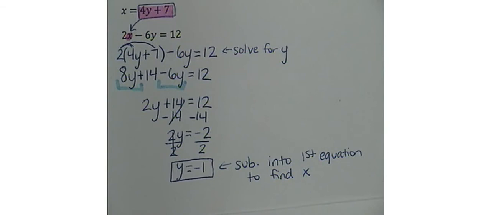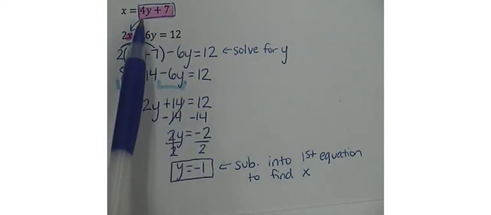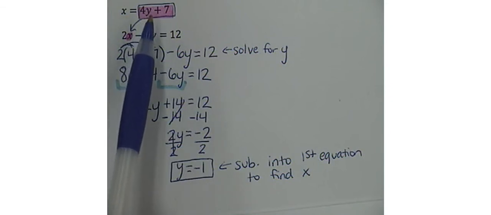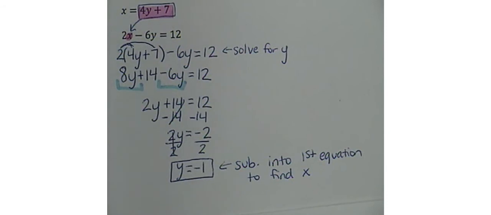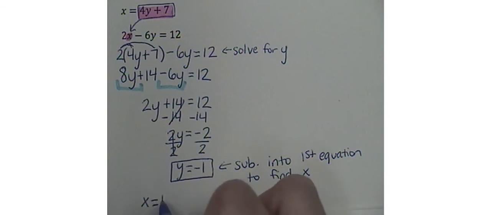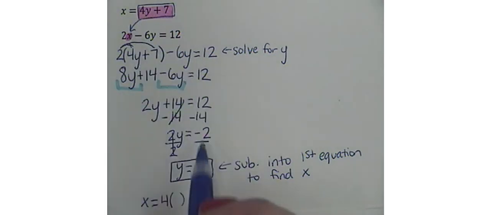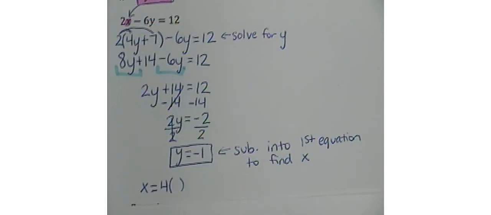So that means I'm going to take this negative 1 and I'm going to put this negative 1 right here, right there next to 4. So let's write it out. X equals 4 times, instead of a y, I know that y is negative 1.